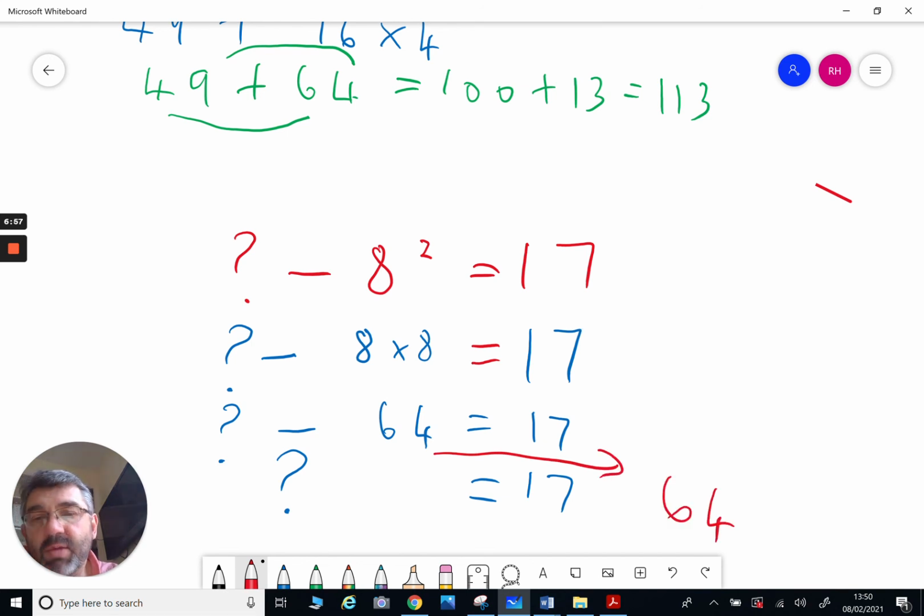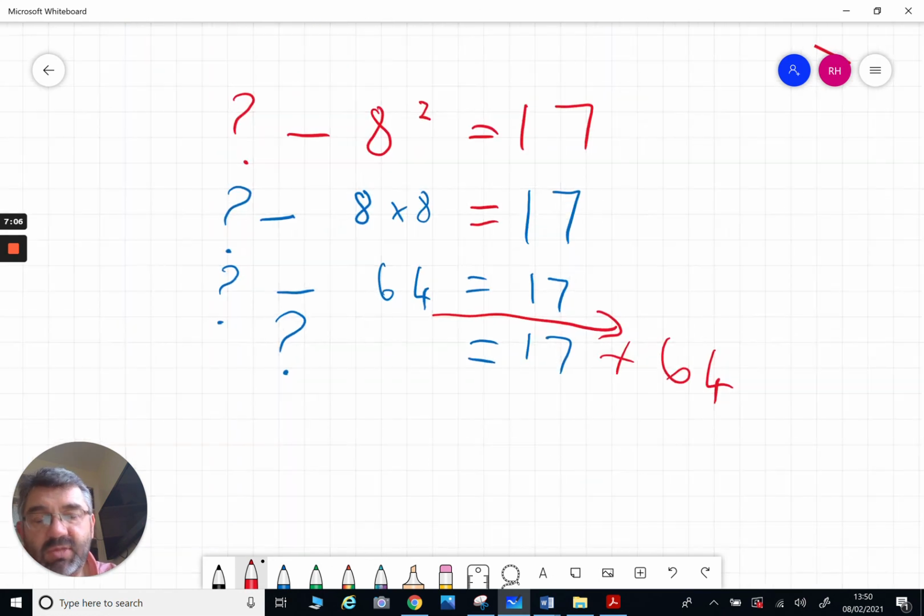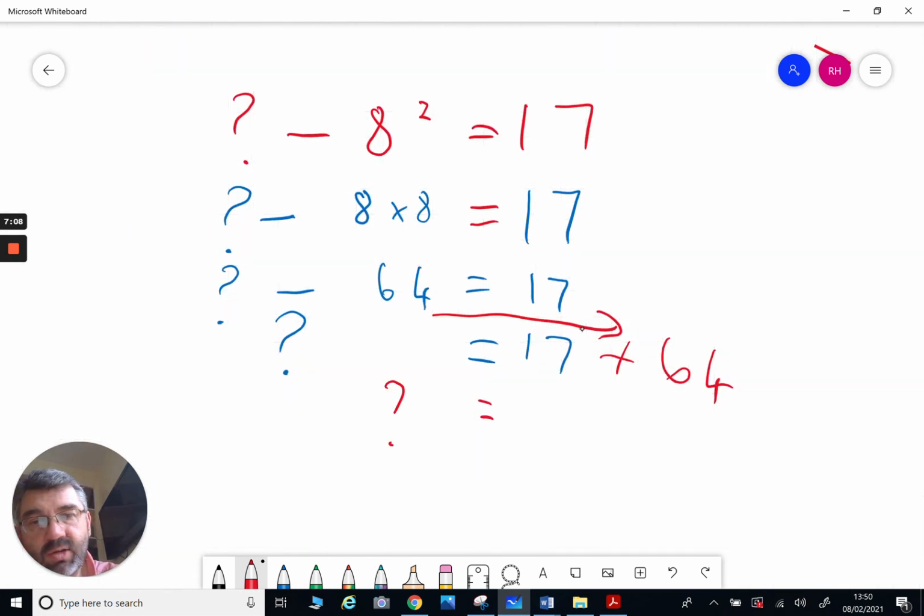Because it's got a minus sign on the one side of the equal sign, when we cross over, it becomes an add sign. So now our missing number is 17 add 64. Quickly tot them up. 4 and 7 is 11. 6 and 1 and 1 is 8. So our missing number is 81.